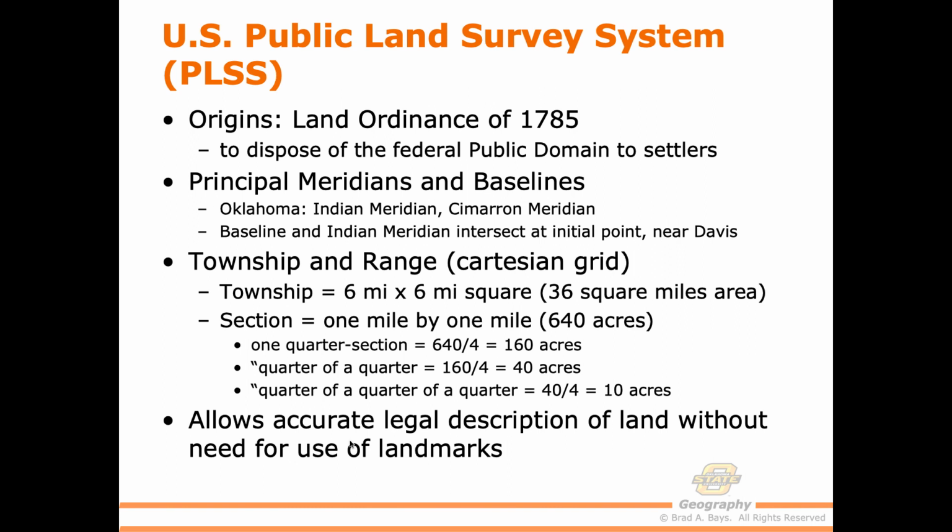The revenue created from those land sales would then be used to operate the federal government. Okay? So this is basically a trade for the sovereignty over the unoccupied lands, or the lands that had been claimed by the government, giving them over to individual settlers and selling that land.